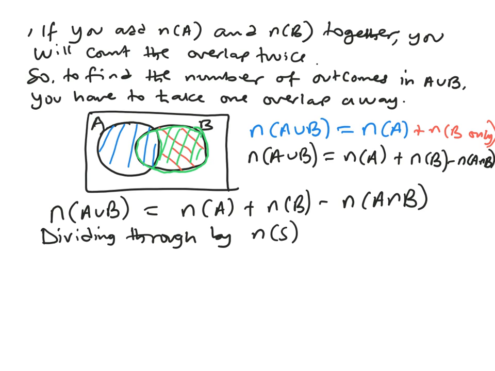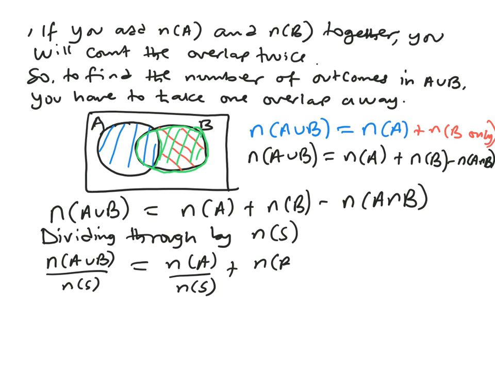What do we get? We have number of A union B divided by number of the sample space equal to number of A divided by number of the sample space, plus number of B divided by number of the sample space, minus number of A intersection B divided by number of the sample space.